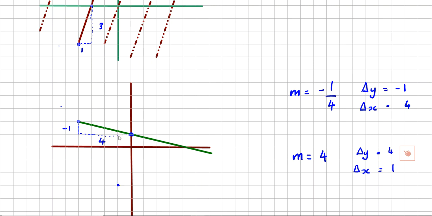And then we go across 1. So actually I've already got a point there. And I'm going to go from that point through that point. I could start here, go across 1 and up 4. Across 1, up 4. Okay? It can go anywhere because I've only asked you for a gradient of 4.